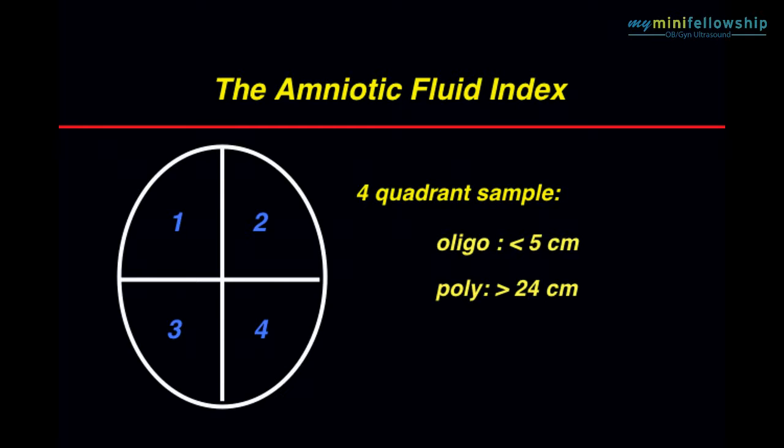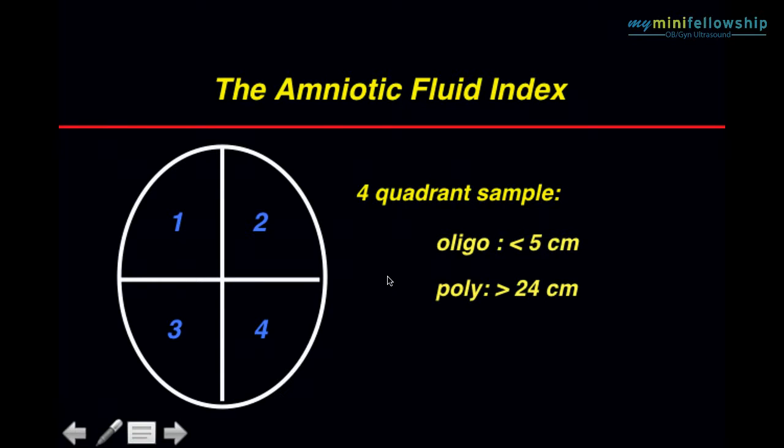Now, what are some of the reasons I don't like the amniotic fluid index? Okay, you know what the rules are. You measure the deepest vertical pocket in an AP dimension without cord or small parts in the 4 quadrants. Add them together. That's the amniotic fluid index.